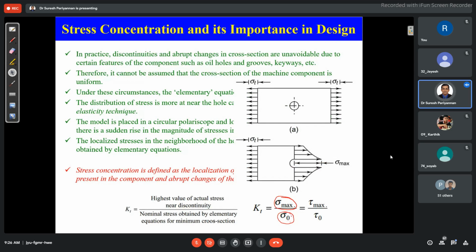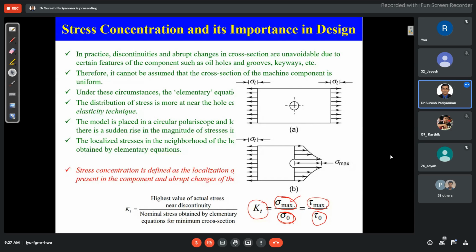This is the stress we obtain from the normal standard test specimen, but sigma max is at the vicinity of the discontinuities present in the component. Similarly, tau max for shear stress also; this is our stress concentration factor KT.